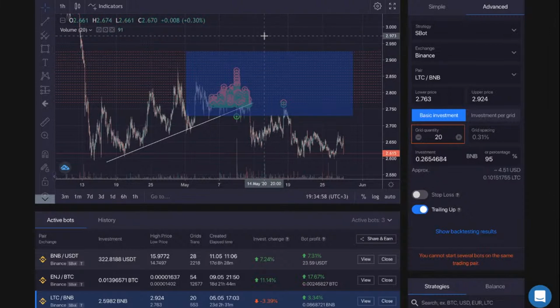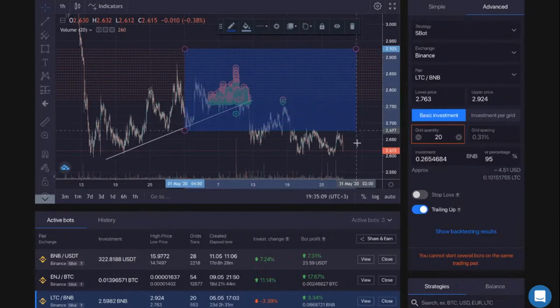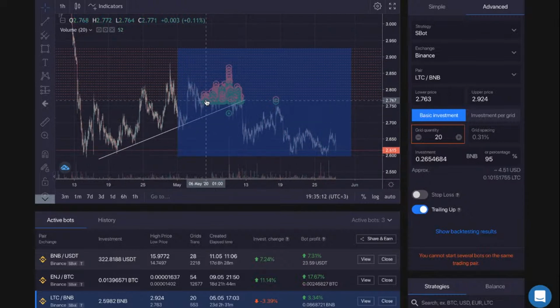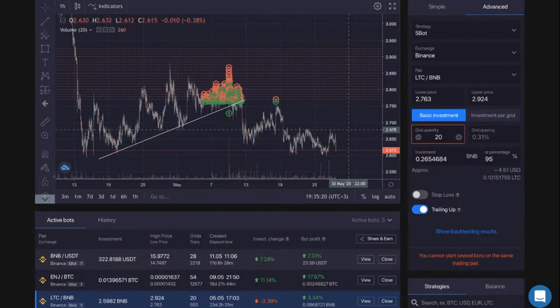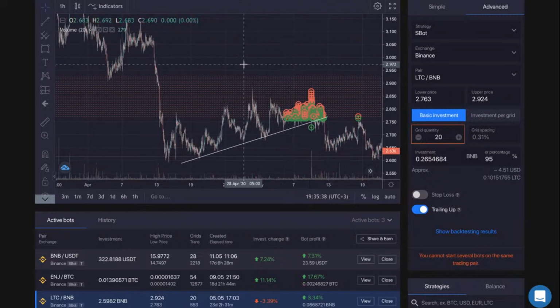I thought I'd rather have more sell orders than buy orders, because I think the price will start moving upwards starting from today. But if I had a wider zone, I wouldn't skip the price action that happened here. As I said, it depends on the price, the volatility, and the current market conditions. So yes, making mistakes is something that happens, but you don't have to get upset about it.